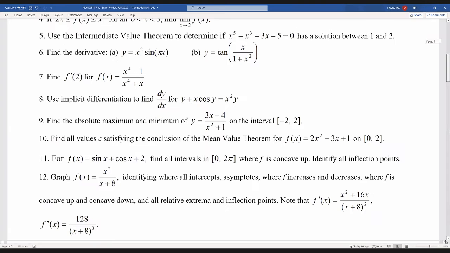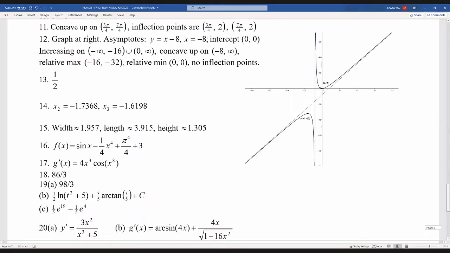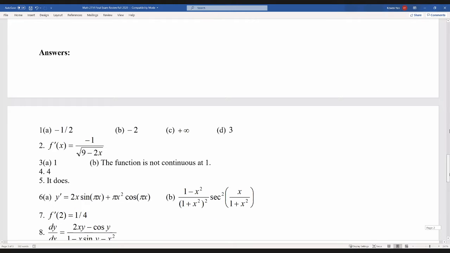Same answer: f prime of x is equal to negative 1 over the square root of 9 minus 2x. But here you have to use the definition. You cannot use rules. If you use rules, even though your answer is right, you get 0 points, because you have not followed the instruction.